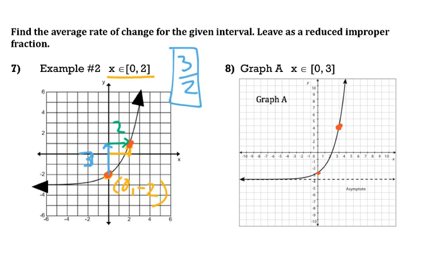Now, to find our average rate of change, we're going to start with the one on the left. I'm going to go up. And notice we're going from negative 3 to positive 4. So that's a positive change of 7. And then we're going to go right 3. So our average rate of change for the interval from 0 to 3 is 7 over 3.